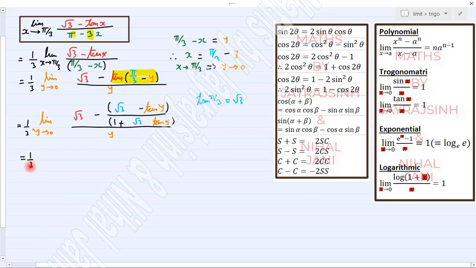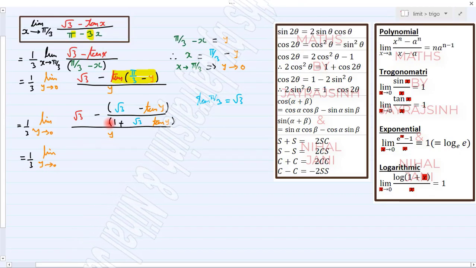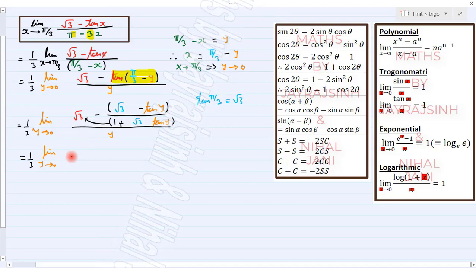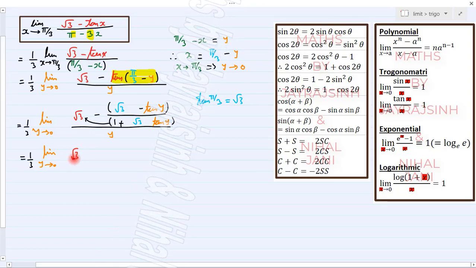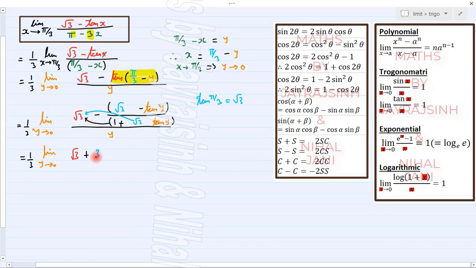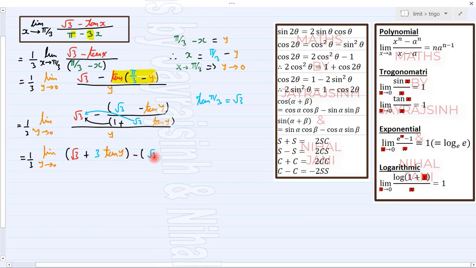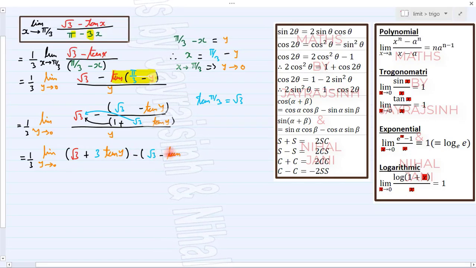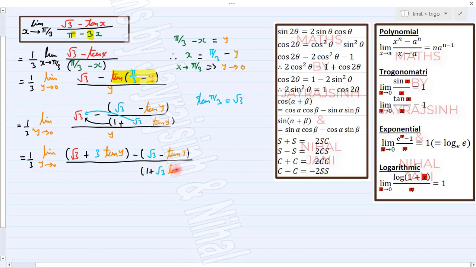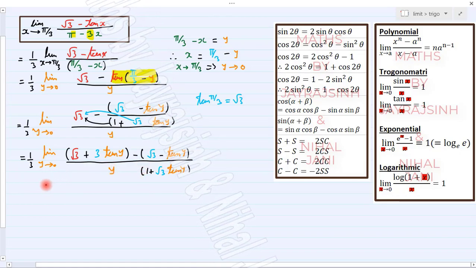In further simplification, you can say in numerator we have to take LCM, so whole bracket will multiply with root 3. So we will get root 3 plus root 3 into root 3 become 3 tan y, minus your root 3 minus tan y will be as it is, upon 1 plus root 3 tan y, and your y still remains as it is.